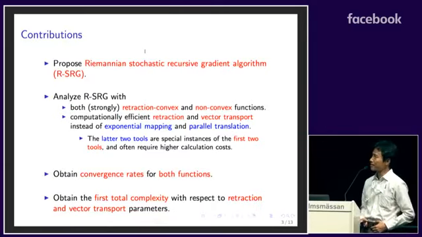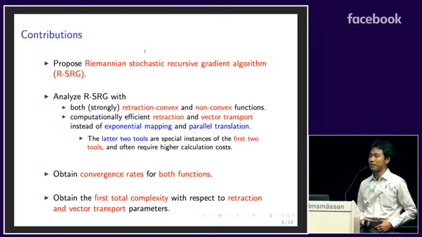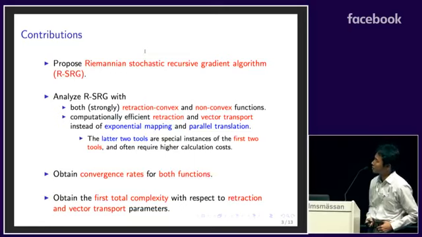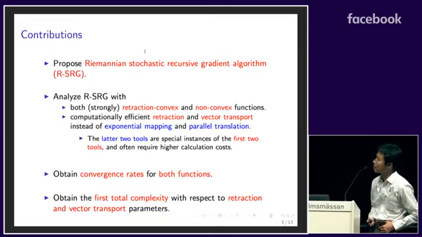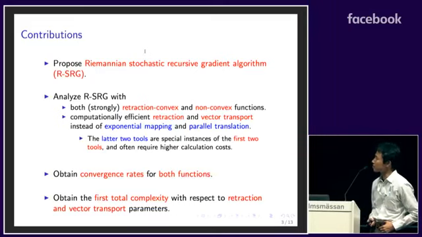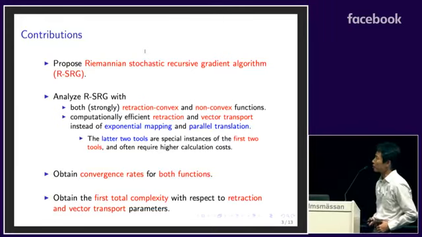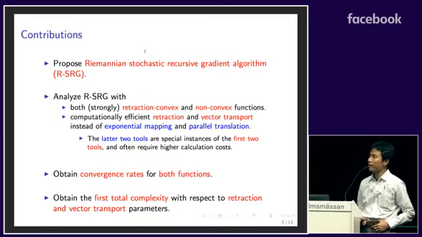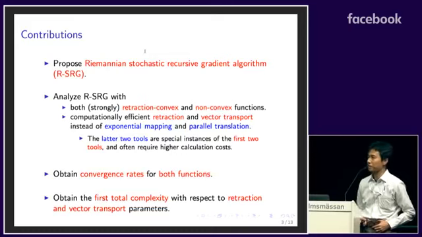As contributions, we propose a Riemannian stochastic recursive gradient algorithm, which is called RSRG. Our analyses deal with both retraction convex and non-convex functions. We consider the computationally efficient retraction and vector transport operations instead of the exponential mapping and parallel translation.